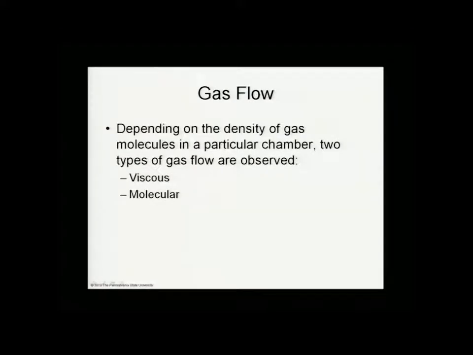Gas flow. Well, if we've created a vacuum in here, it doesn't do us any good unless we can do something. So we have to put a sample in here that we're going to do something with. So we're going to need some kind of an antechamber, or a load lock chamber, that we can pass a sample into. We've discussed those before.